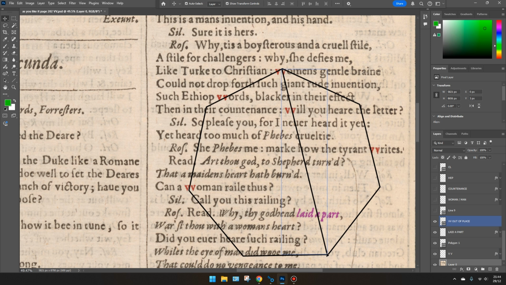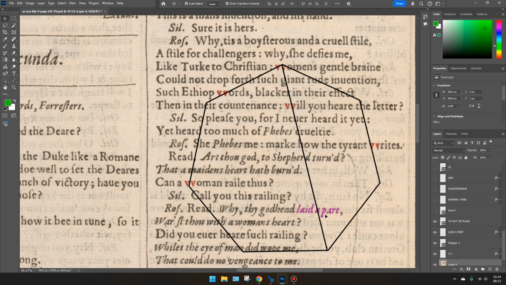It's not just randomly placed here, and it tells us here that it's laid apart. Whether that means this VV is apart from the others, or it's been laid here as a part of it, it's again how these words explain what we're seeing on the page.